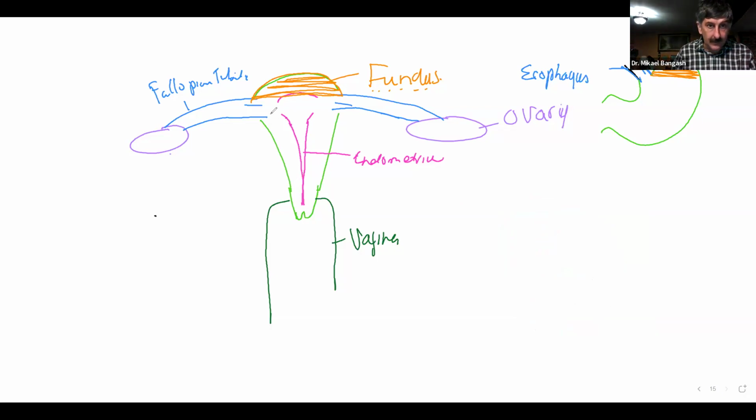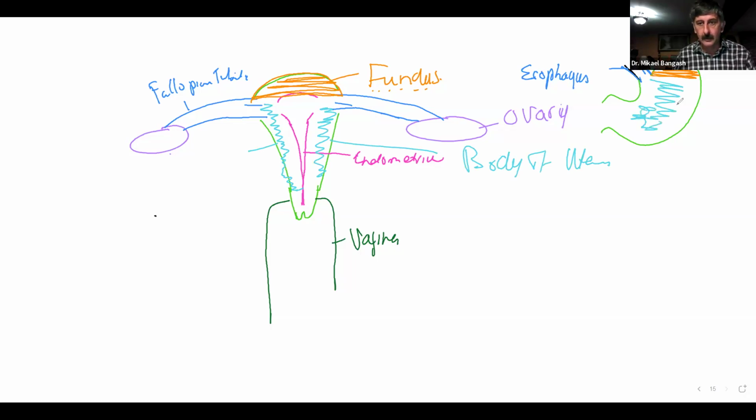But we can call all of this here, this part here and this part here, let me just write it over here, the body of the uterus. Just like we could say this was the body of the stomach.